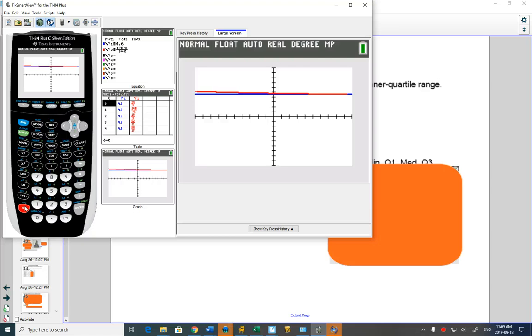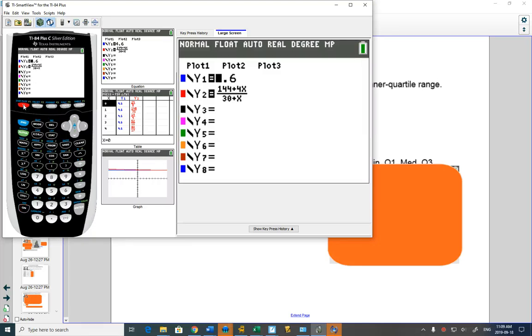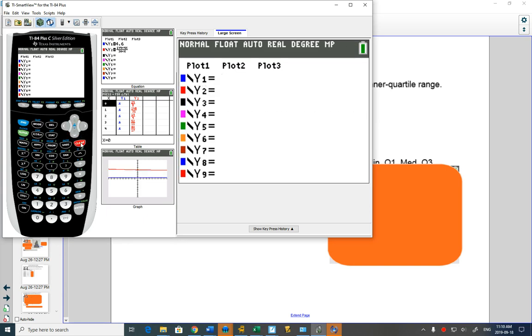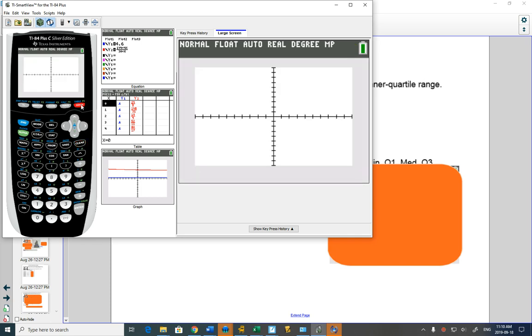So I don't want these graphs, so I'm going to go to my y equals and clear them out. Now that I've cleared them out and I hit graph, do you see my nice box and whisker plot?